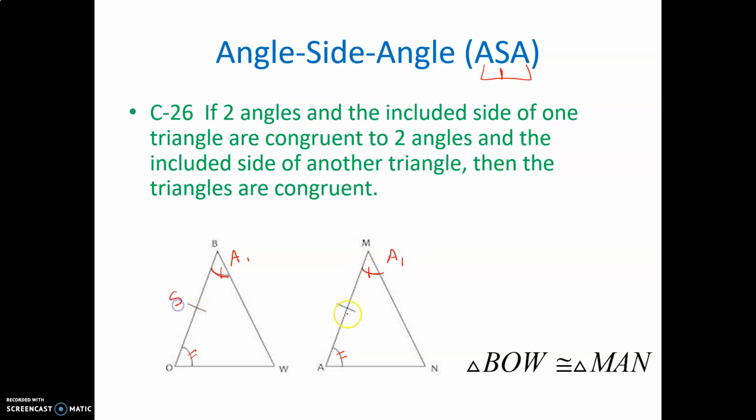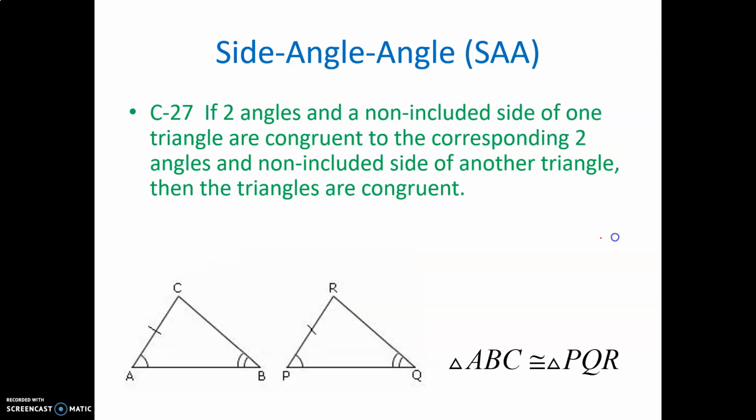This is a side equaling this side. And this angle is equal to this angle. So what do I have? An angle and an angle with the side in between them. So ASA. When that happens, you can say that the 2 triangles are congruent to each other.